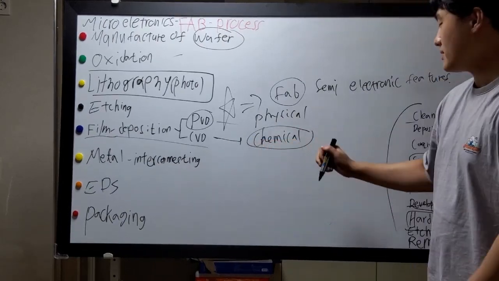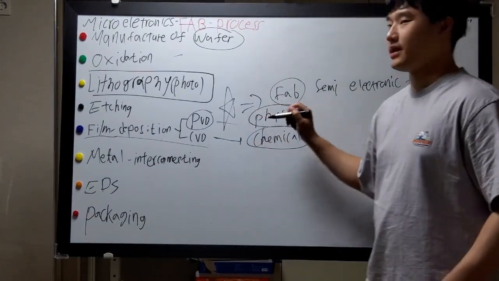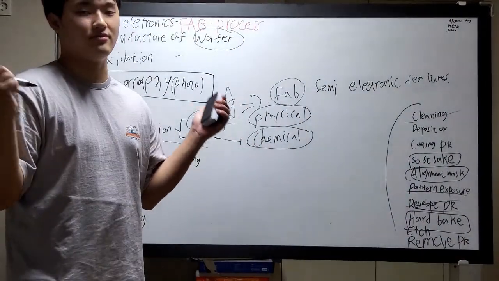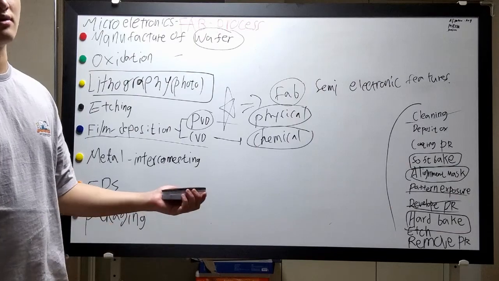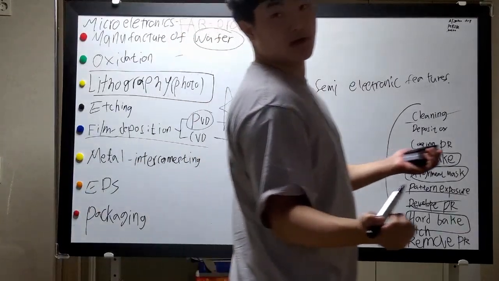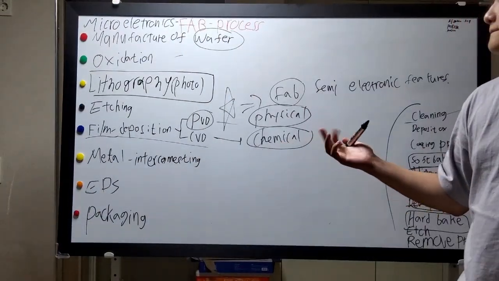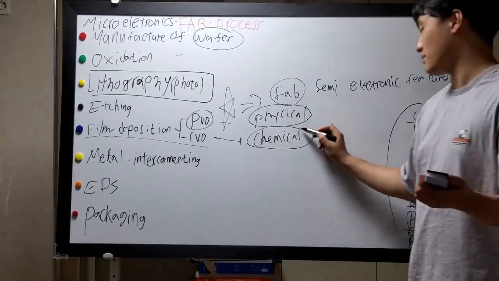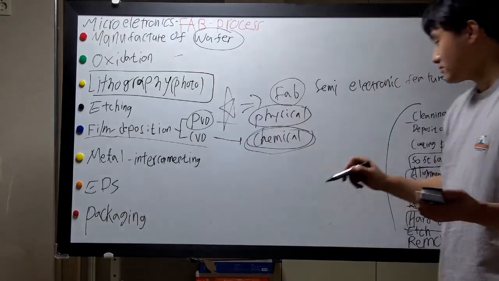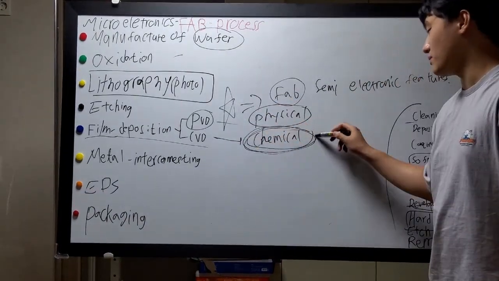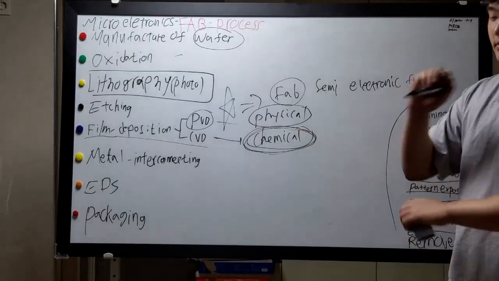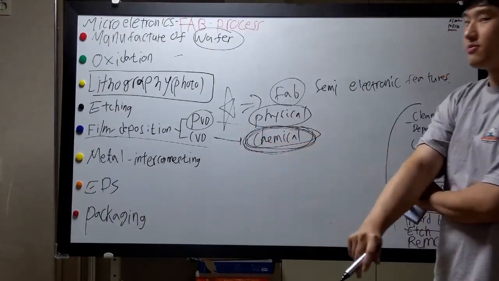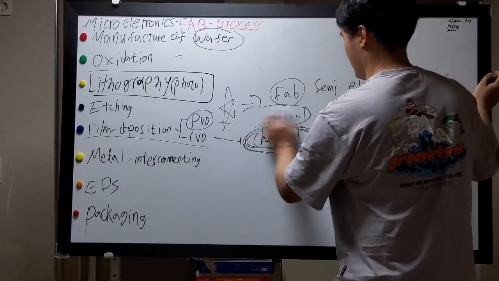Of course, the physical will be somewhat ionization or impact of the ions, so it has somewhat lower accuracy than the chemical way. The chemical is more accurate maybe, but the price will be higher than the physical way.